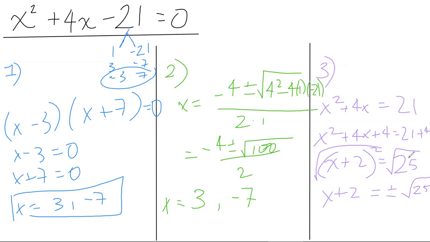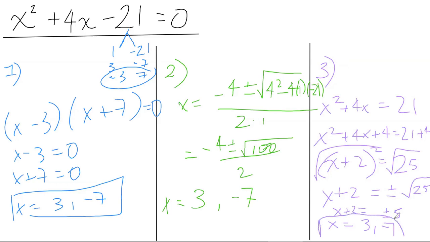And this would just mean that plus or minus 5 is equal to x plus 2. And that gets you x is equal to negative 5 plus 2, or positive 5 minus 2, which gets you a positive 3 and a negative 7, which is exactly what we wanted.